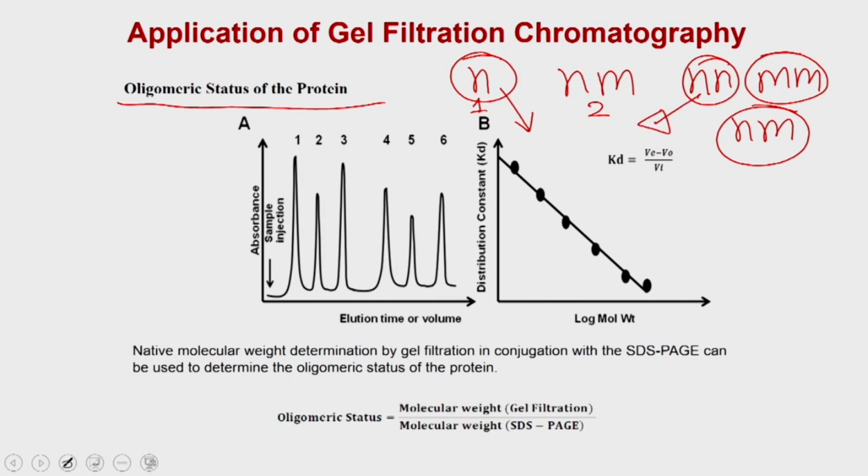If you divide NN by N, it says the oligomeric status is 2, which means dimer. So, the molecular weight from the gel filtration divided by the molecular weight from the SDS-PAGE gives you the oligomeric status.